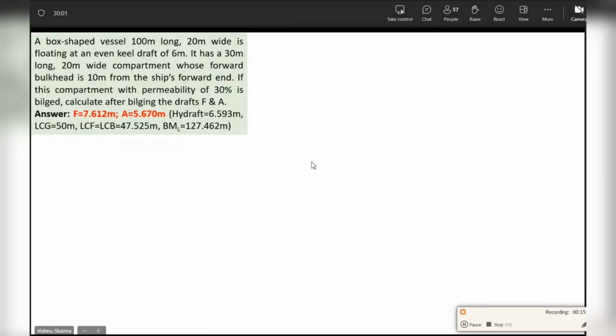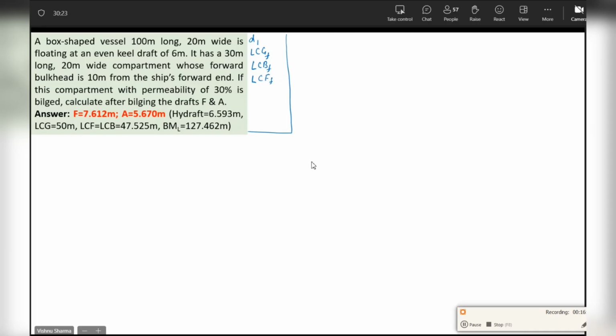How do we calculate them? I list them here for your information once again. We said we will have to calculate after bilging D1. We'll have to calculate LCG final. We'll have to calculate LCB final. We'll have to calculate LCF final.